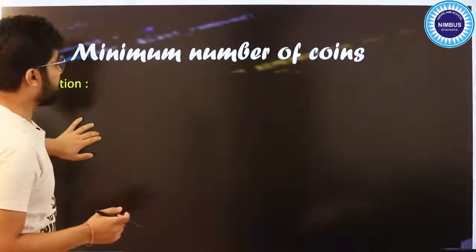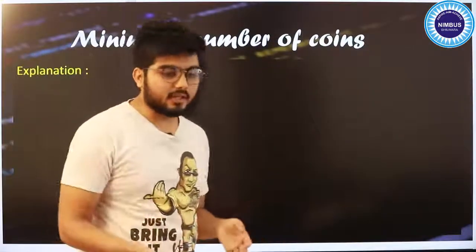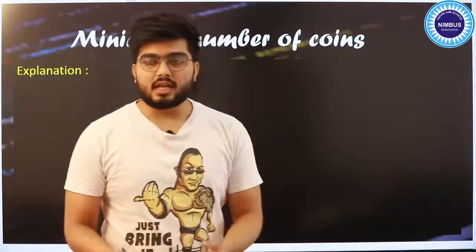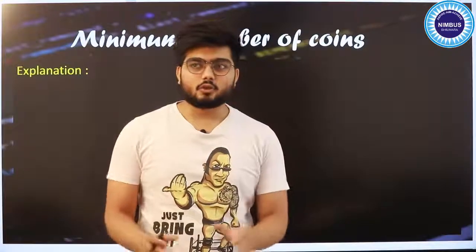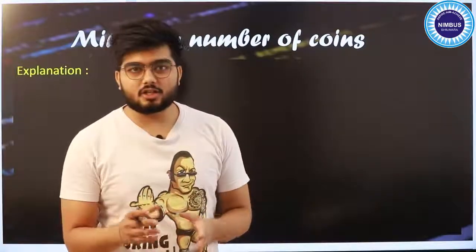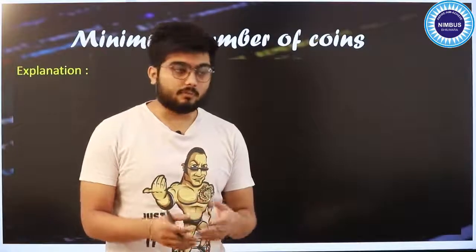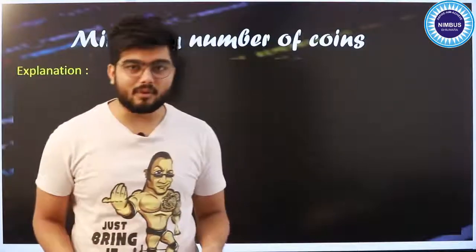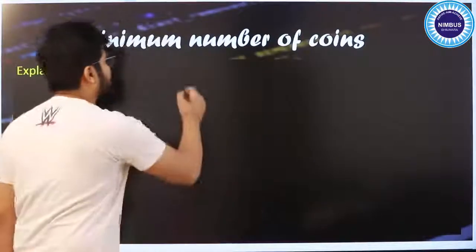Basically you went to a shopkeeper, you gave them, let's say, 500 and you want change. Now the shopkeeper wants to give you the minimum number of coins. So which denominations should he choose from the ones he has, so that he gives the minimum number of coins? Okay, so let's take an example.